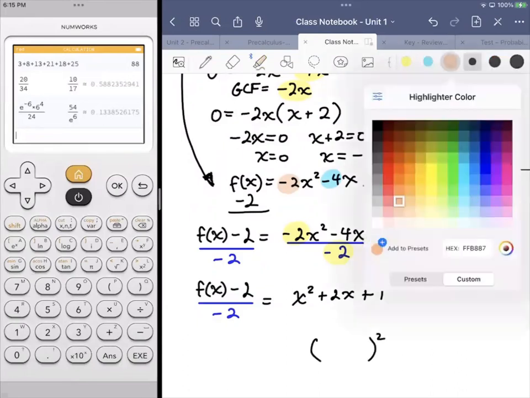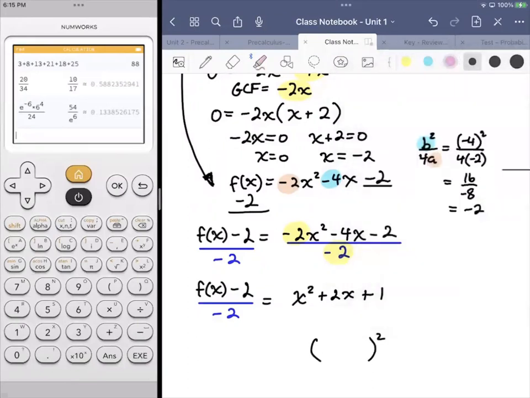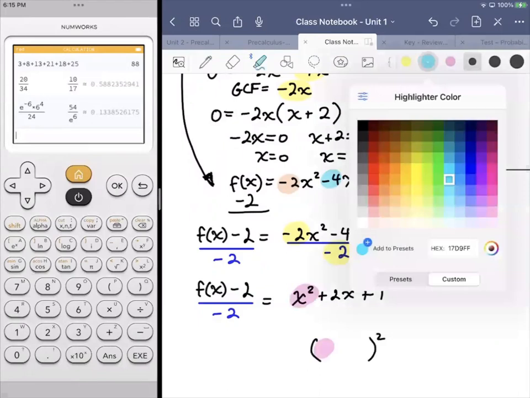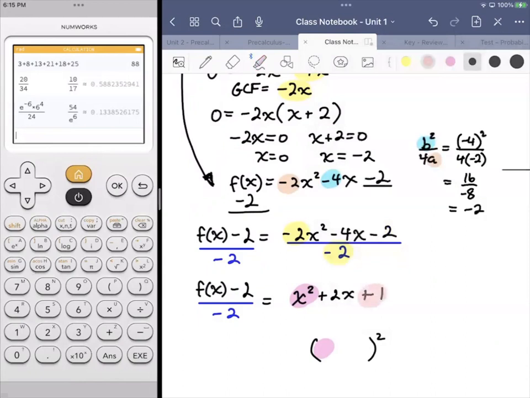And get a fresh new color here. I'm going to take the square root of this term. It's going to go here. I already have some variant of that, so I'll go with a reddish one. The square root of this term goes here, and we carry down the middle sign.